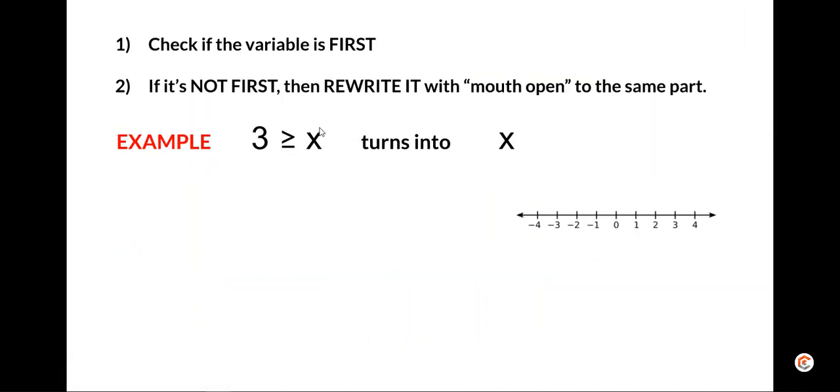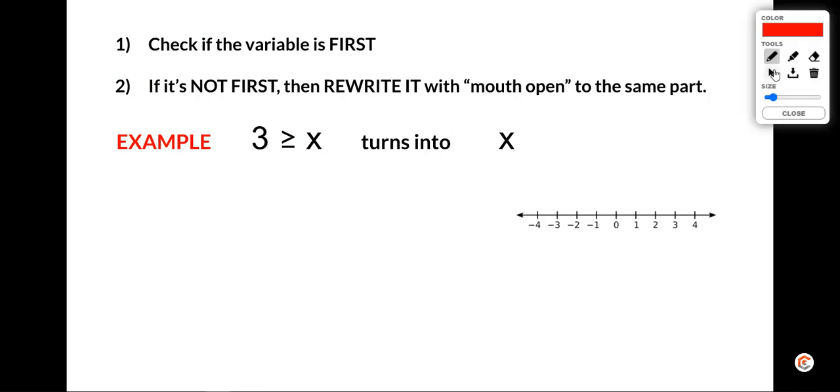So, what you're going to do is check and see if the variable's first. If it's not first, you need to rewrite it with the mouth open to the same part. So 3 is greater than or equal to x turns into x with a 3 at the end.